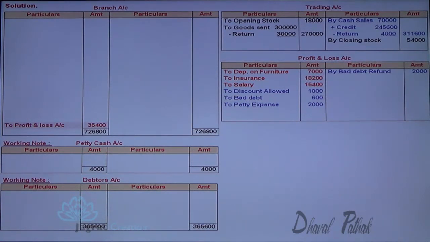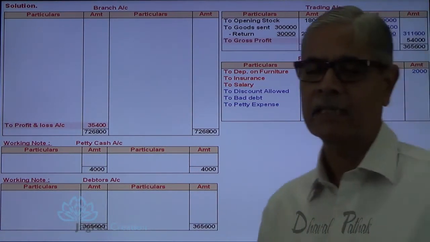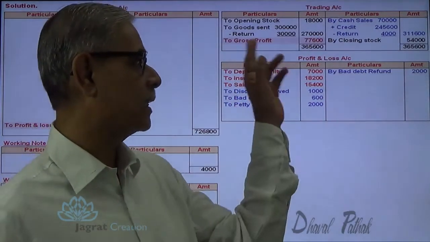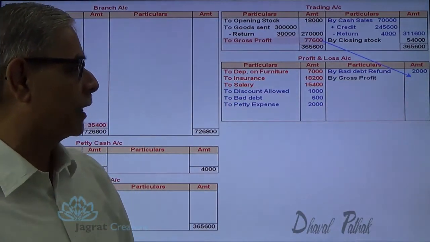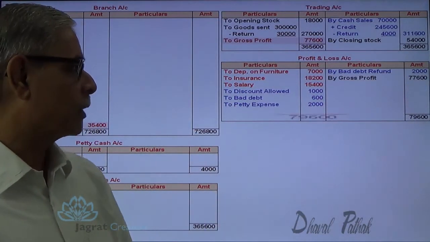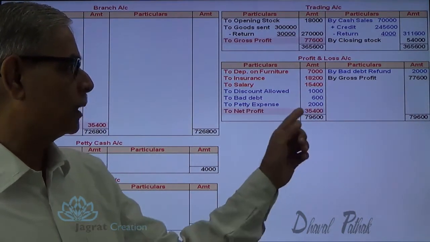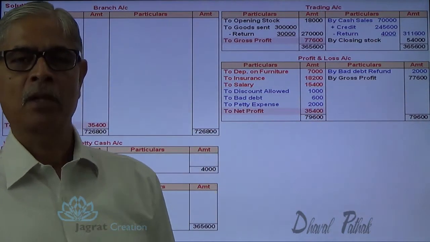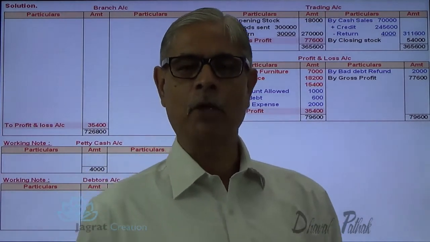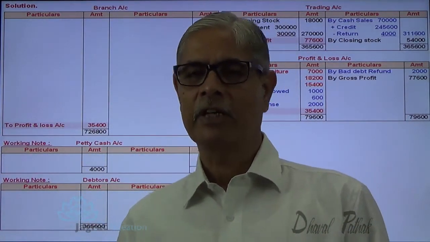On the basis of that, if you find out the gross profit, that works out to be 77,600. So the 77,600 profit is transferred to the credit side of profit and loss account. And if you try to find out the net profit, it works out to be 35,400. So this is how profit is found out by preparing trading and profit and loss account.